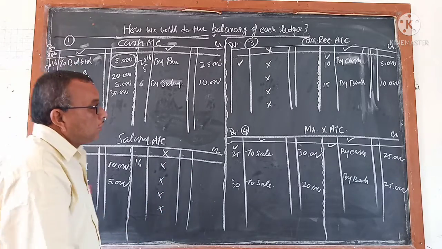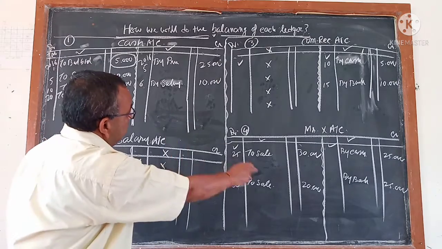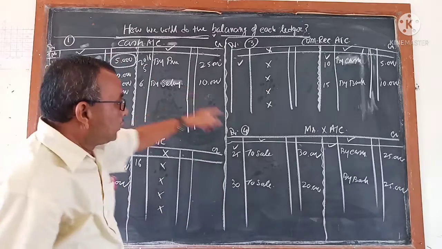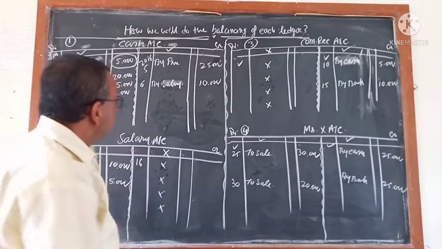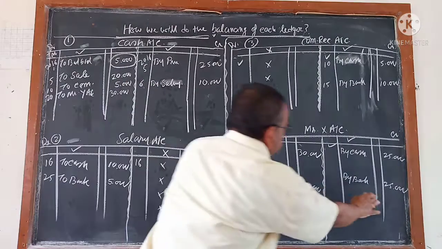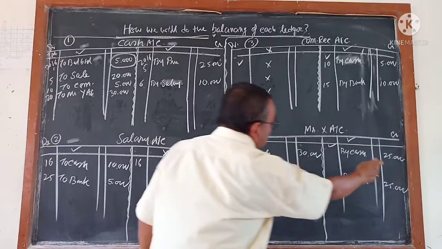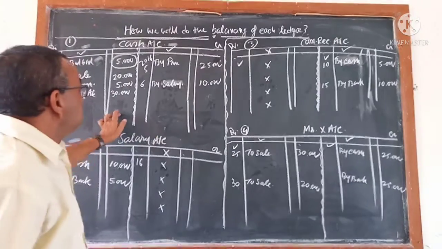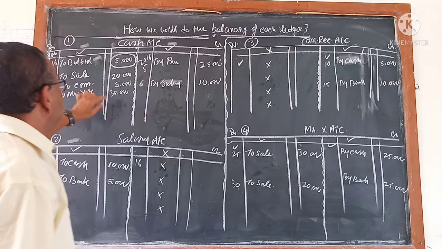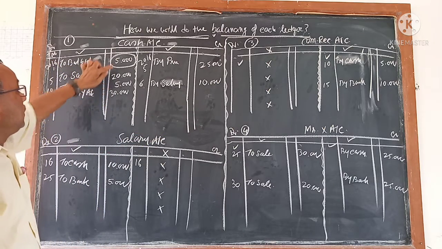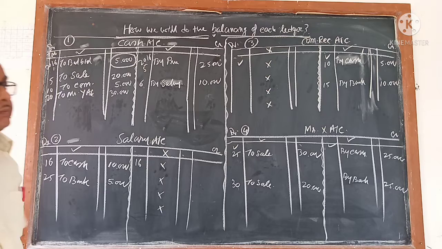You will get a doubt, sir, what is the difference between these two, cash account and Mr. X account? The difference is there. Posting on both the sides are there, but their total is not the same. Its total is 35, 40 plus 20, 60.